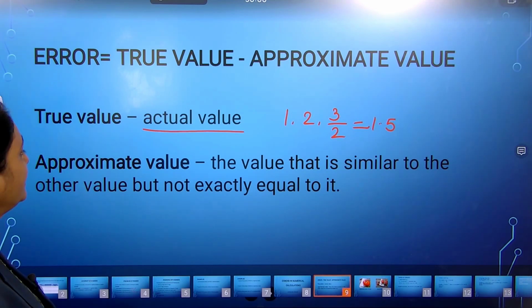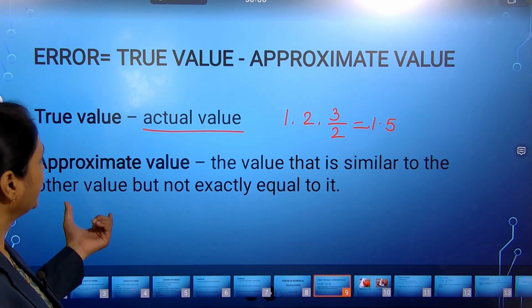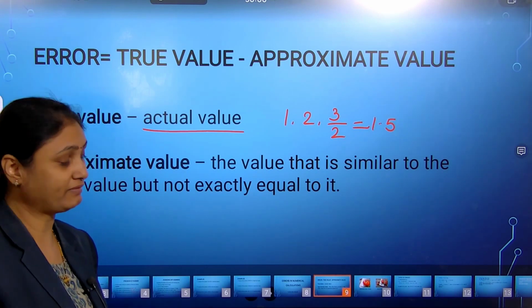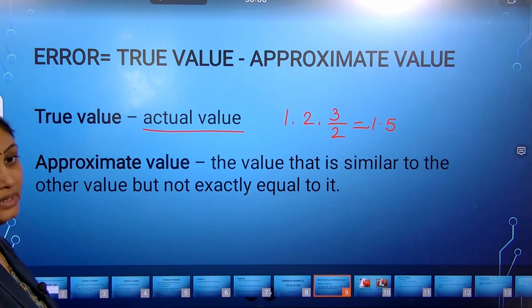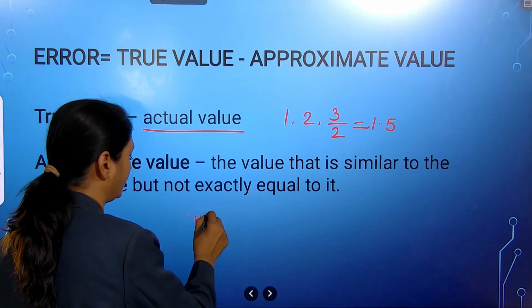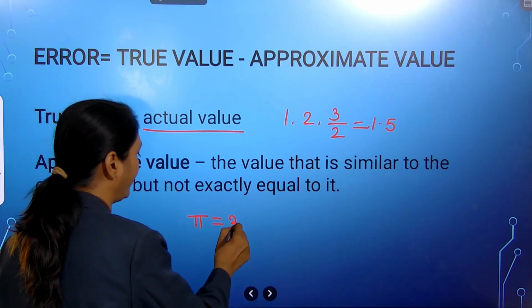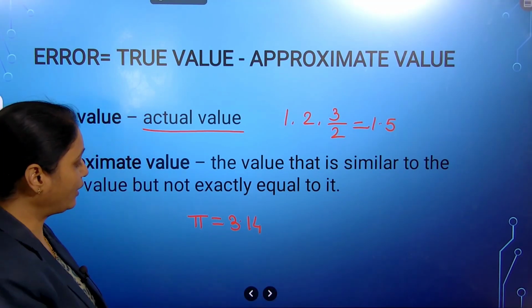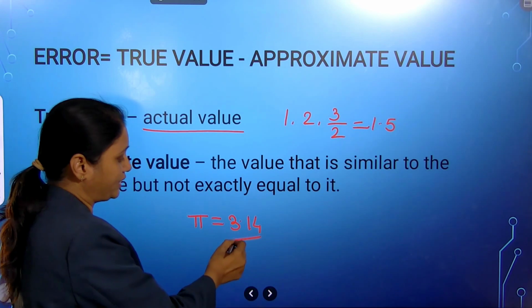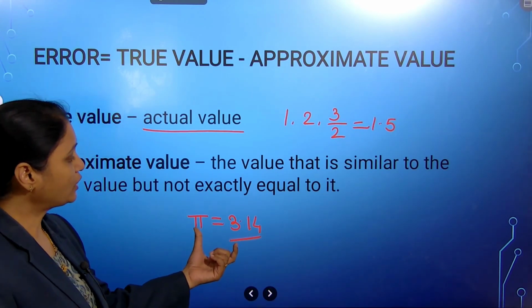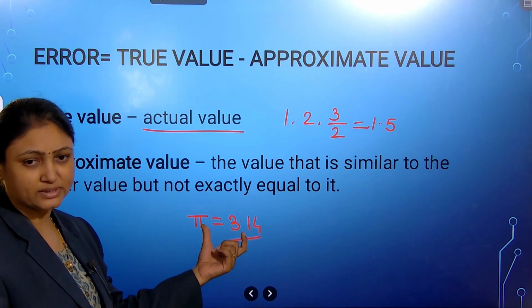So these are the true values, and the approximate values are the values that are similar to the other value but not exactly equal to it. For example, pi is equal to 3.14. Now this is the rounded off value of pi, but it is not the exact value, it is the approximate value.